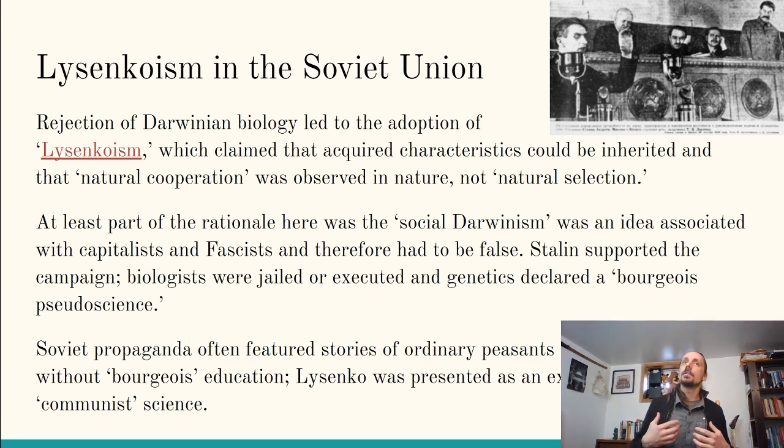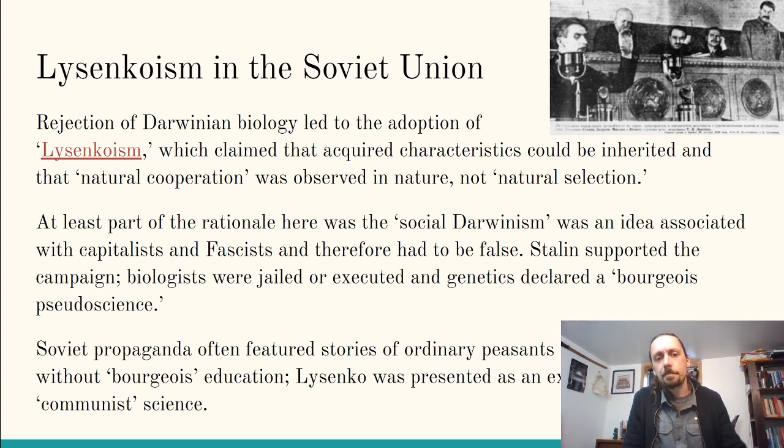Acquired characteristics could be inherited just means that, look, if I work out a lot and I get big muscles, then my children will inherit the big muscles. But that's not how that works, right? Whether or not I work out is not in my DNA. So this is just bad biology. Because social Darwinism was associated with fascists, it had to be false.